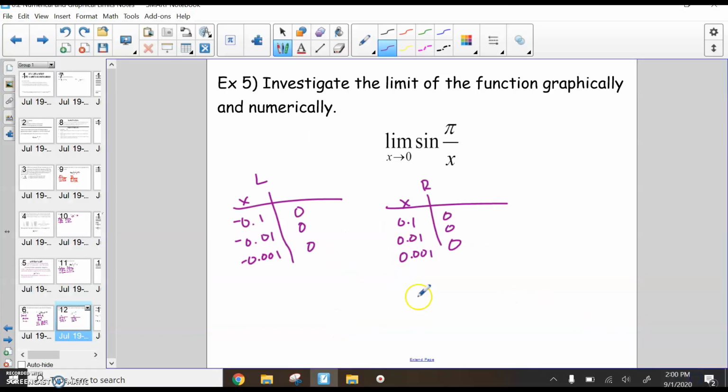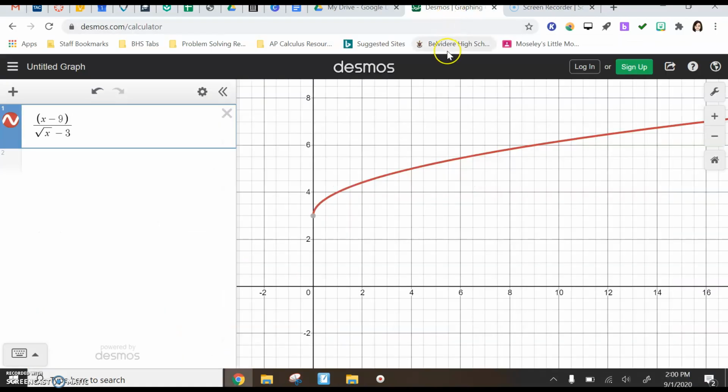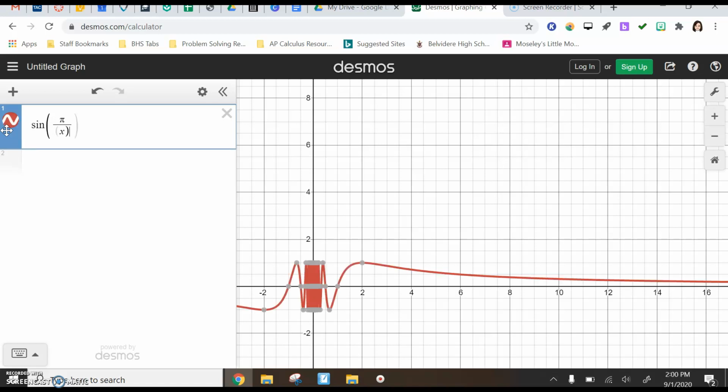So let's go ahead and look at the graph again in Desmos. We are going to go ahead and type this in. So we're going to do sine of pi divided by x and hit enter.